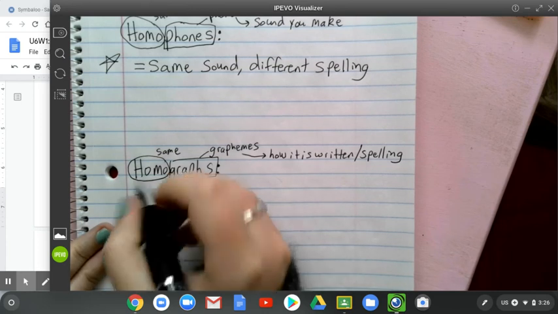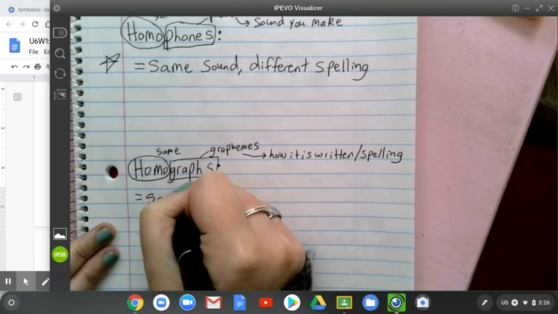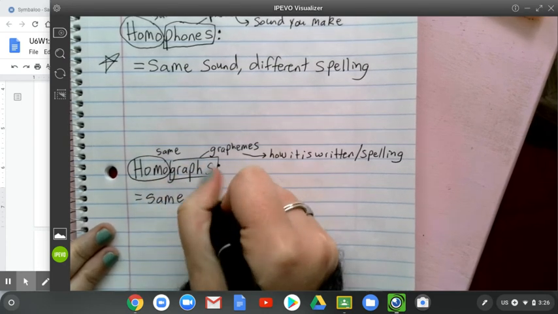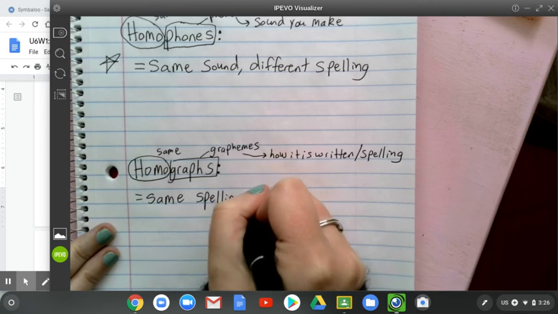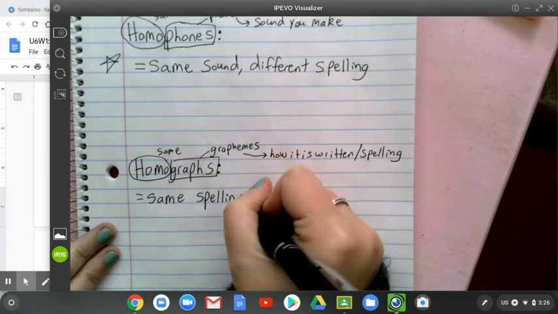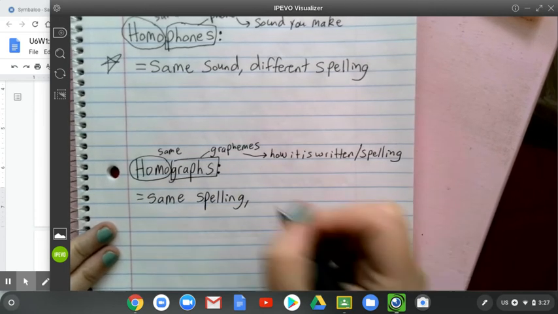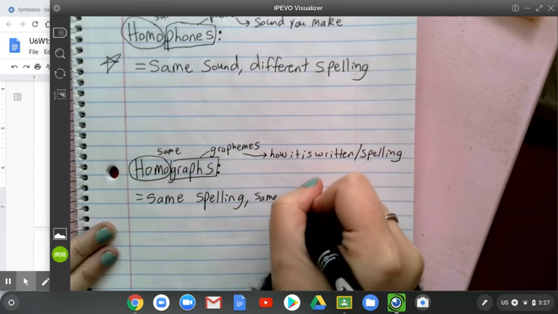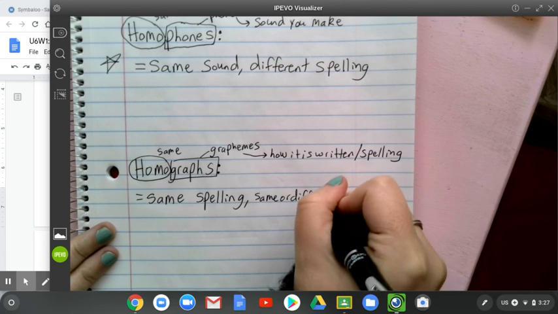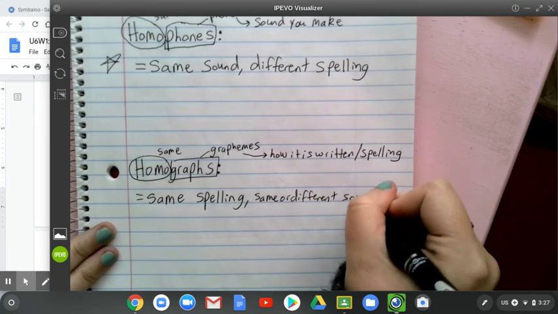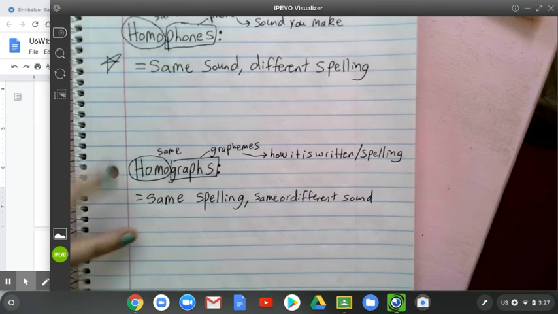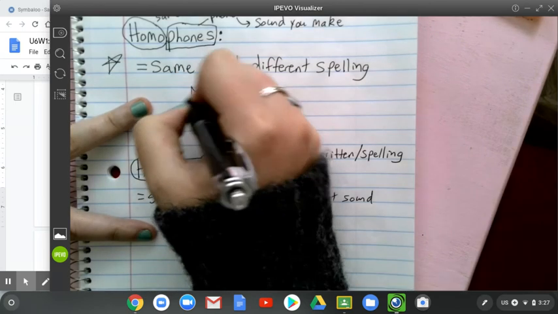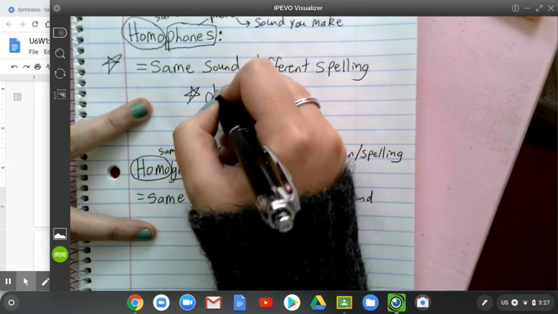Same spelling. And it might sound different, but it might be the same. So same or different sound. The big thing to know about both of these is that they have different meanings.